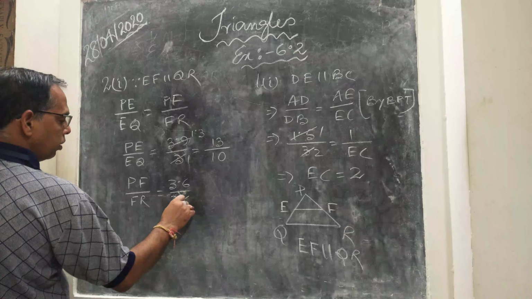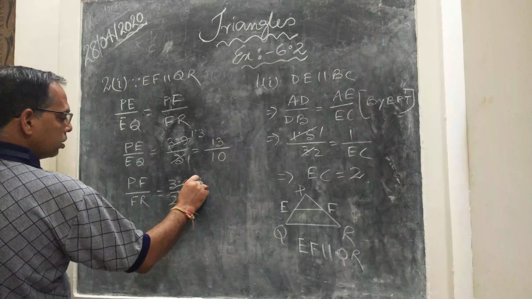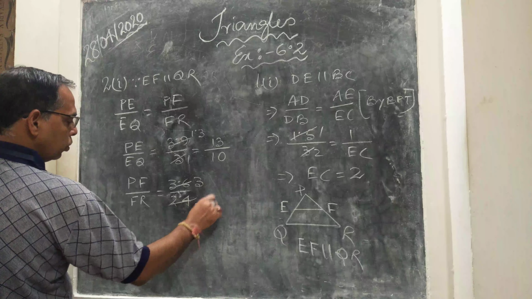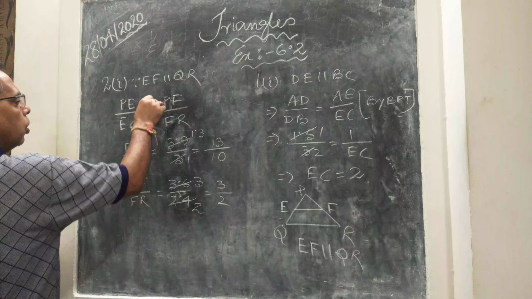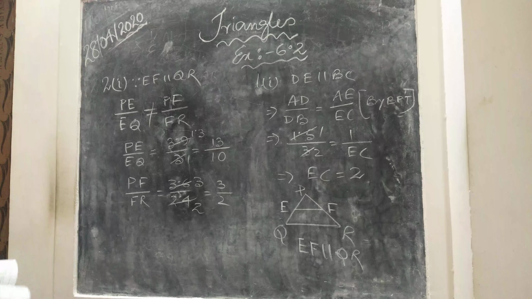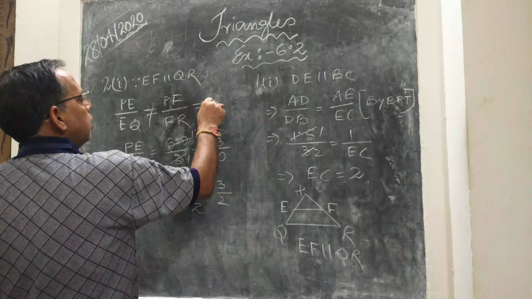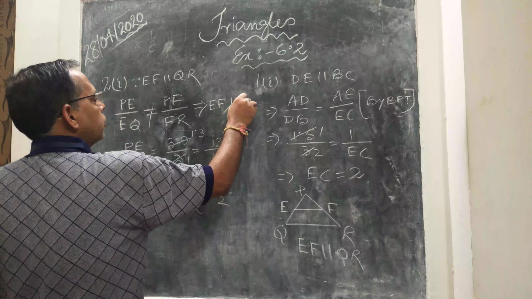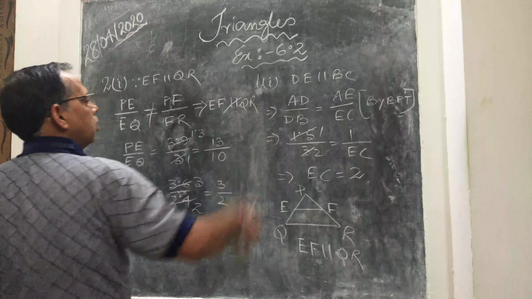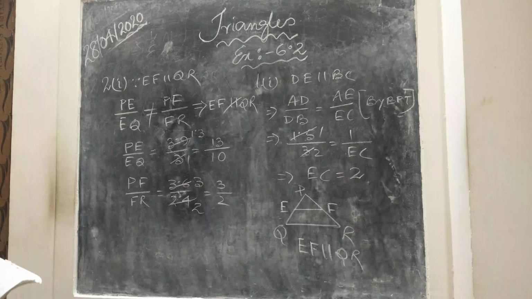So if you cancel, then it is 3 by 2. That means it is not equal. If it is not equal, implies EF is not parallel to QR.